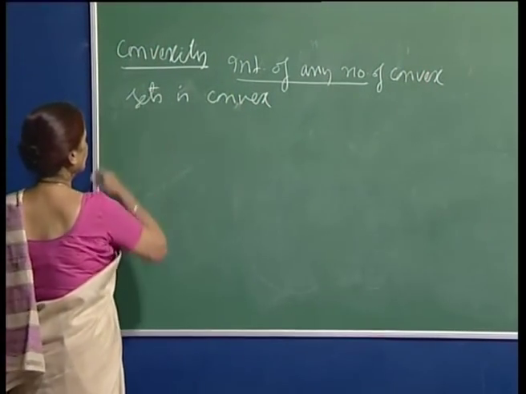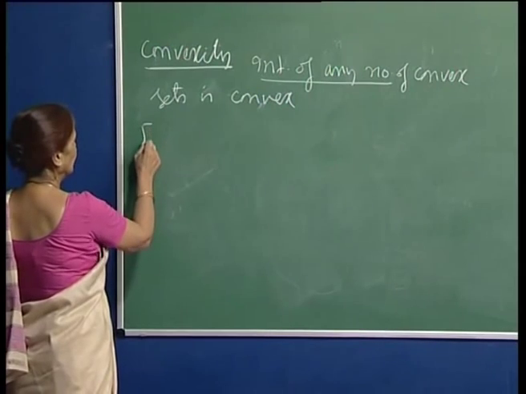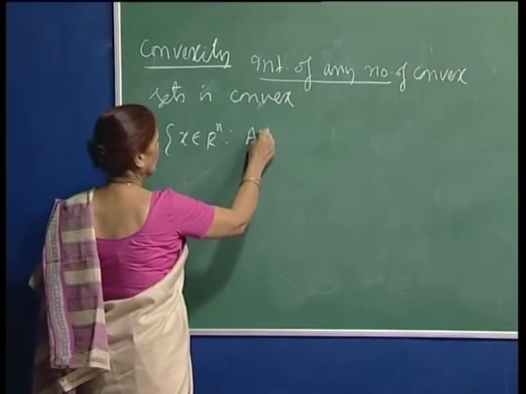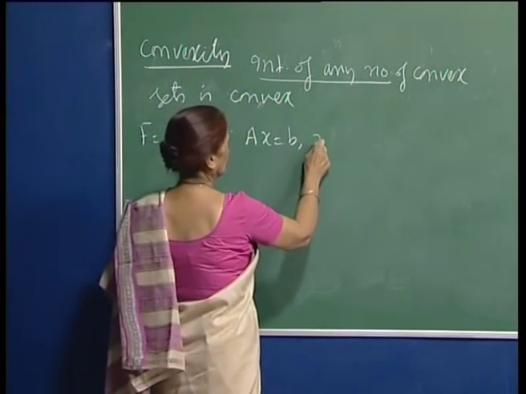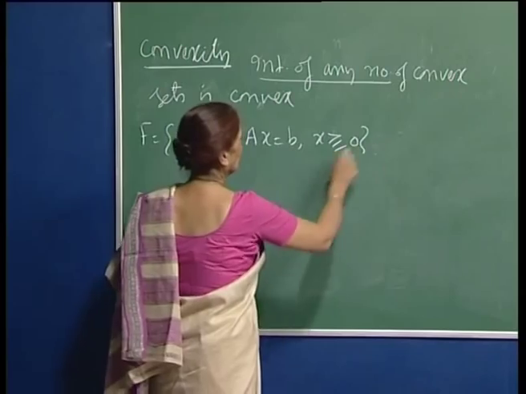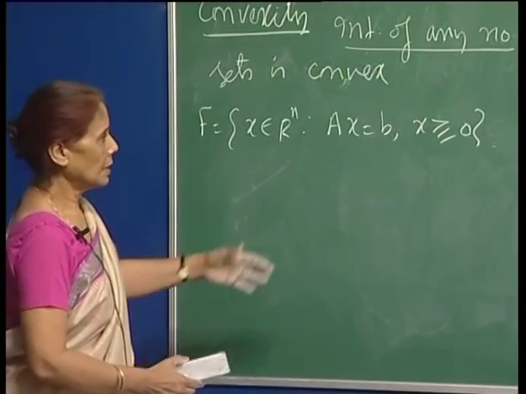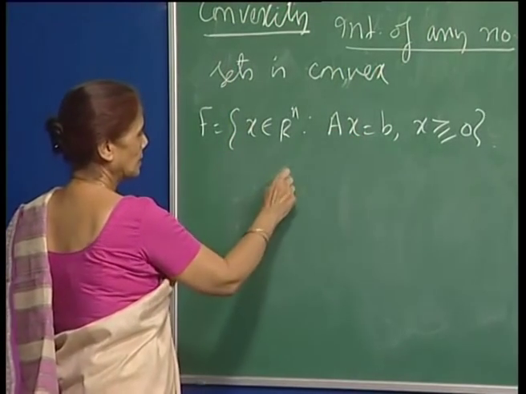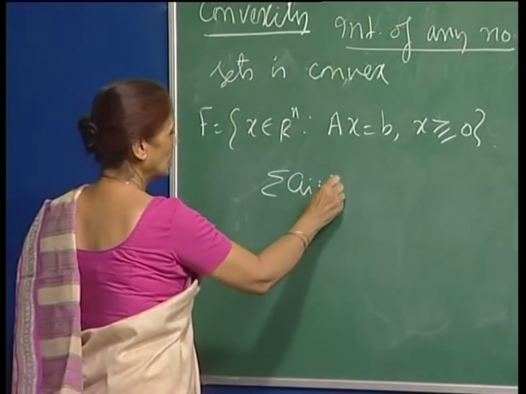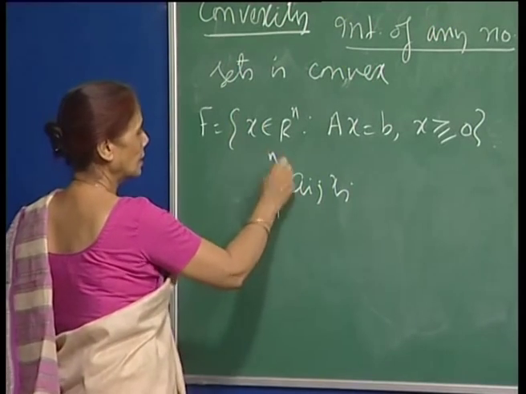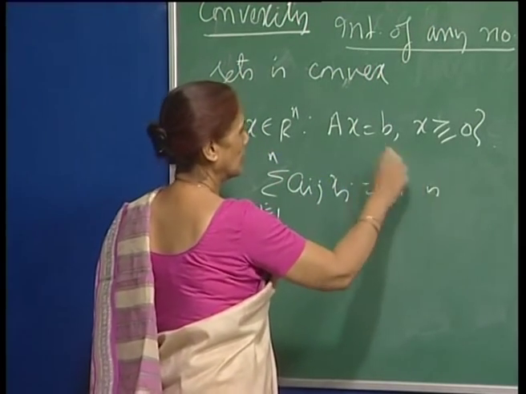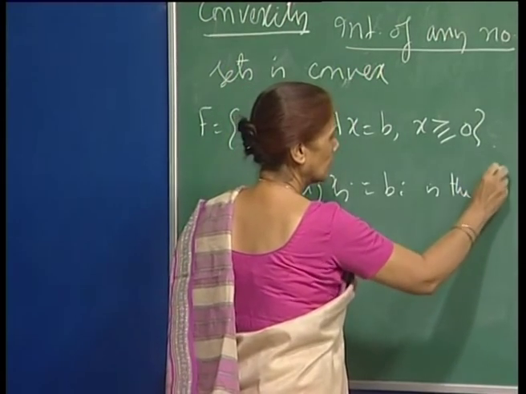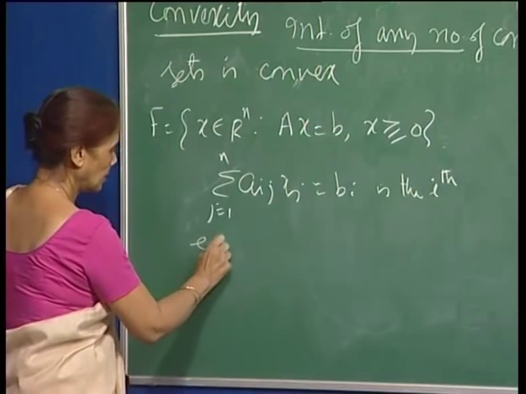By virtue of that, if you look at the feasible region for an LPP, you have Ax equal to b, x greater than or equal to 0. So how many convex sets do you have? Each hyperplane is a convex set. Why is that so? Here you see each of the equations, the summation of aij xj, j varying from 1 to n, equal to bi, is the ith constraint, the ith equality.